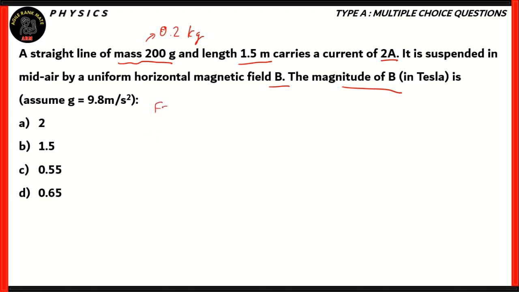Well, this is where we use the formula for force acting on a current carrying wire by a uniform magnetic field.